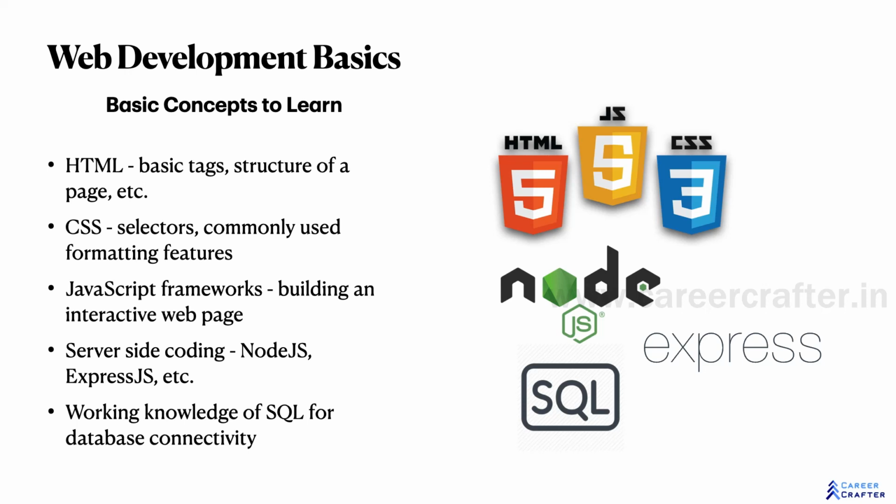We need at least one JavaScript framework which helps us build interactivity. Finally, we need to understand Node.js and Express.js to manage the server side, followed by a working knowledge of SQL for providing database connectivity. All these concepts together make a person a full-stack web developer.